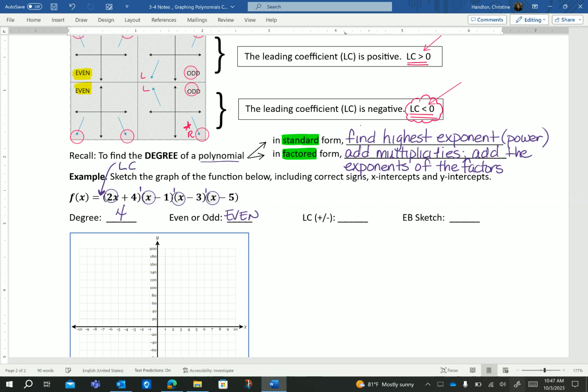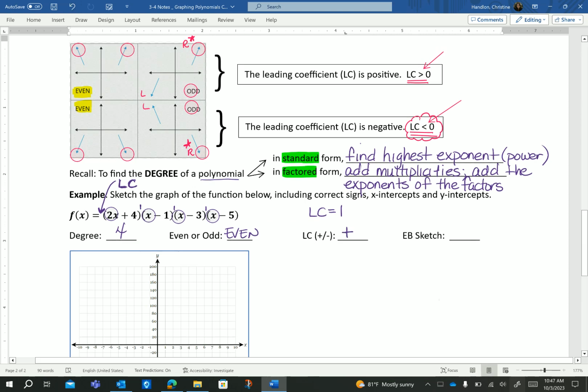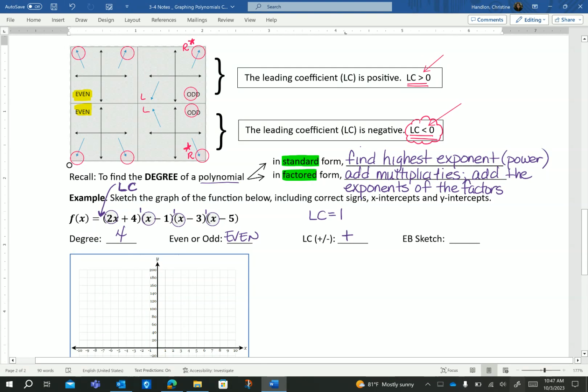So I'm going to put LC so you know where you found this leading coefficient in the future in your notes. So since my leading coefficient is an invisible 1, okay, it is a positive value, so I'm going to put a plus. So because it's a plus, out of my 4 squares, I knew it was going to be an even function, right? I knew it was going to be one of these two.